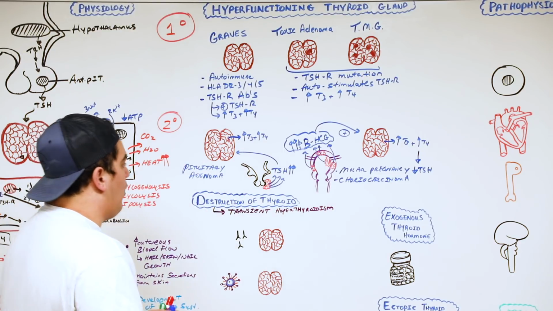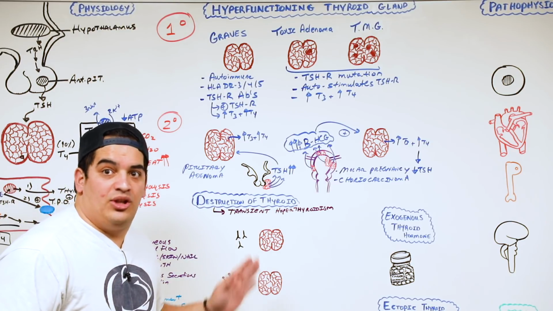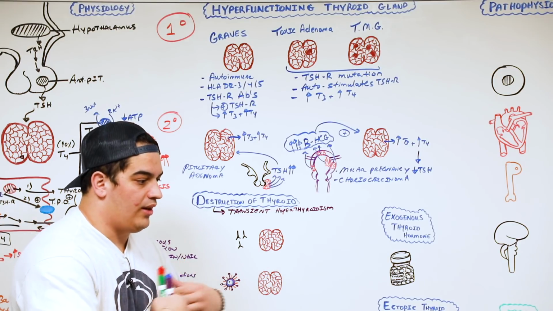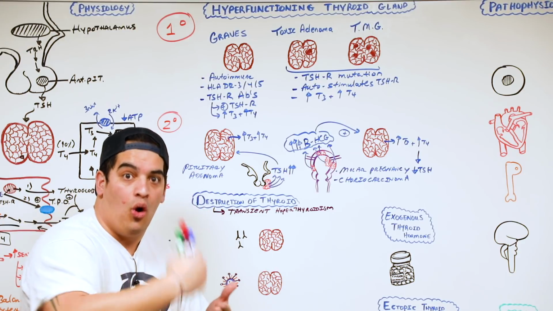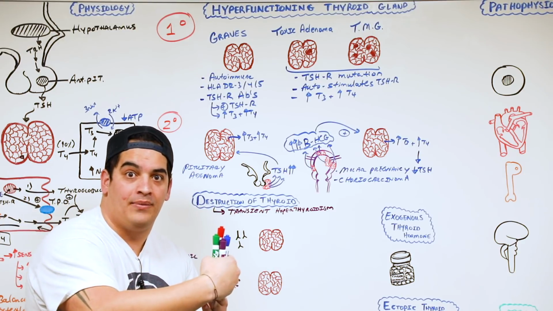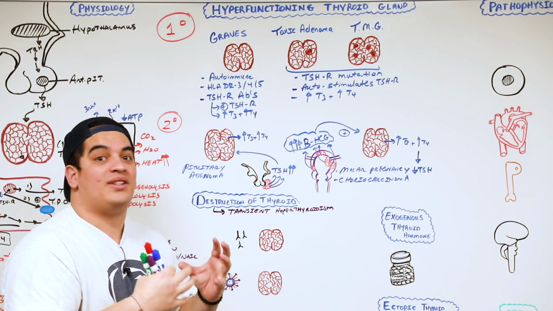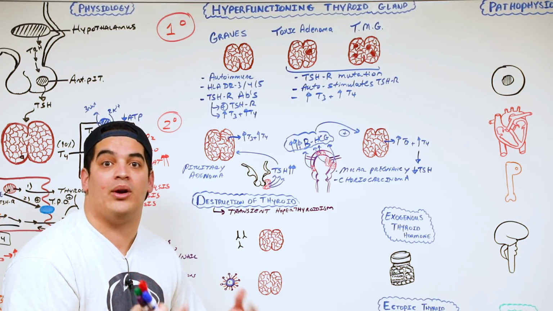So let me quickly explain why. You destroy the thyroid gland, right? For whatever reason, we'll talk about the reasons, but you destroy the thyroid gland made up of follicular cells. Those follicular cells get destroyed and release thyroid hormone. If that keeps happening over and over again, you destroy more and more follicular tissue. Over time, that follicular tissue is no longer able to produce thyroid hormone.